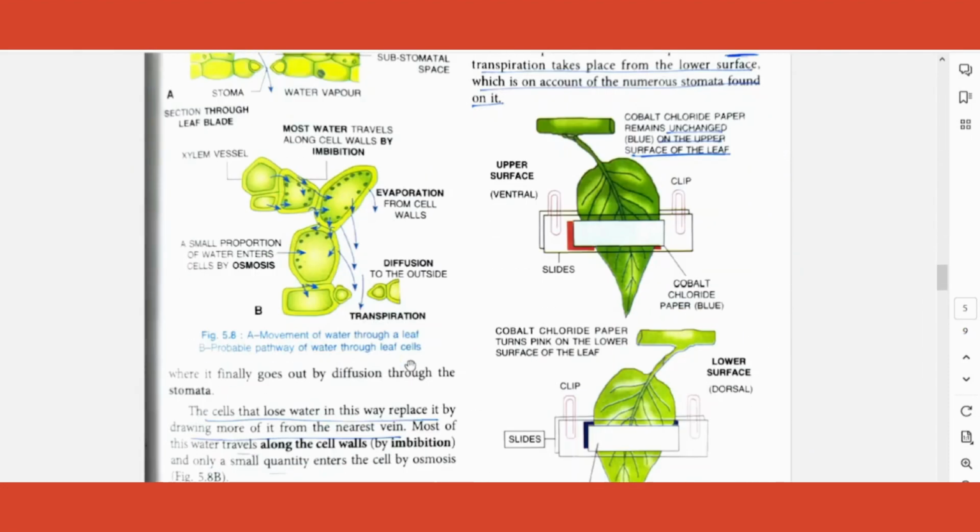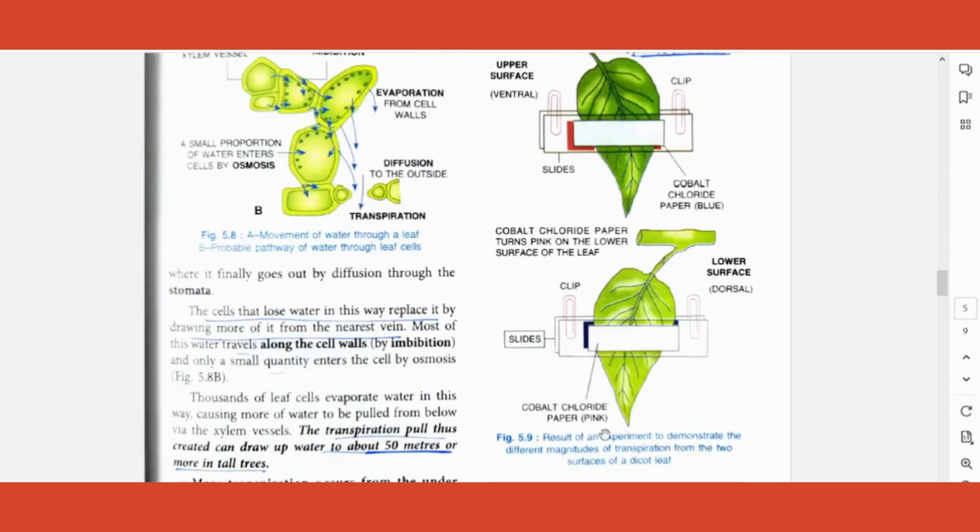But I would like to explain just one more experiment that is there in the text. Here, what are we proving? The aim is very important to learn. What are we learning and what are we proving? We are proving that the amount of transpiration on the upper surface and lower surface of the leaf are at different levels.